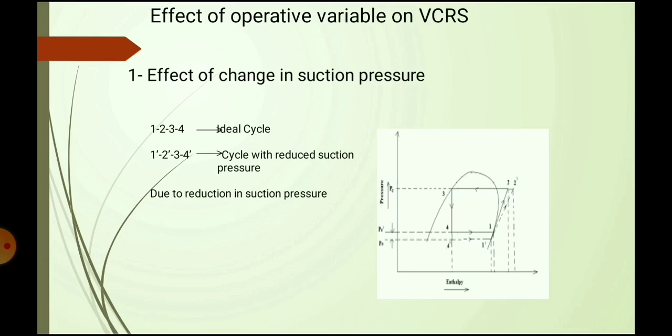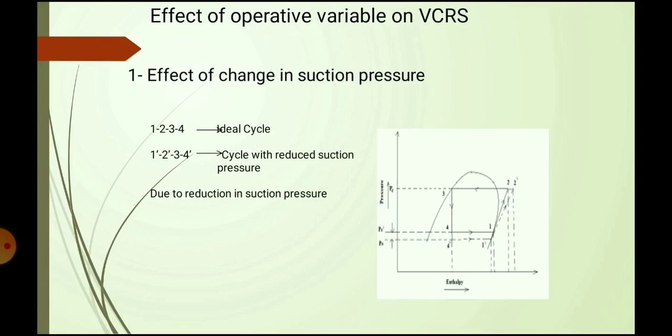Clear? Therefore point 1 is shifted down to 1 dash, and point 4 is also shifted down to 4 dash. Therefore the process 1 dash, 2 dash, 3 and 4 dash is basically the cycle with reduction of suction pressure. Okay, clear?